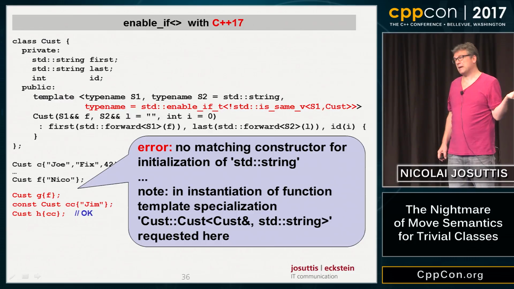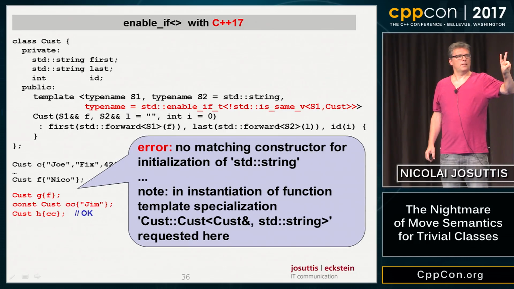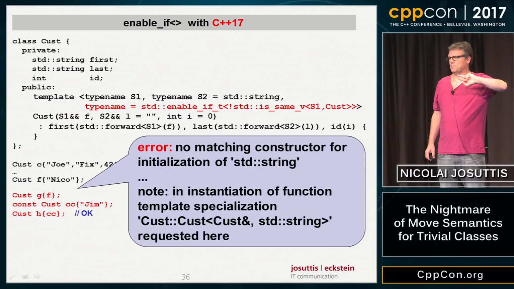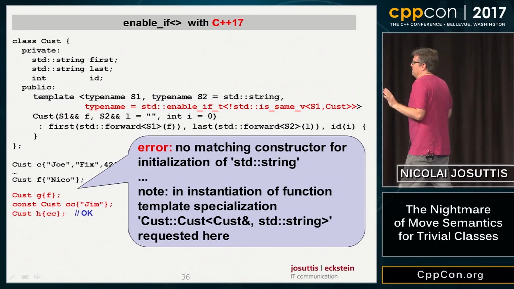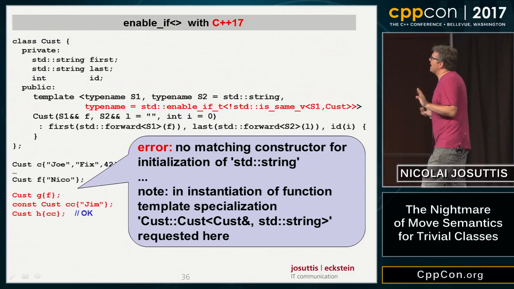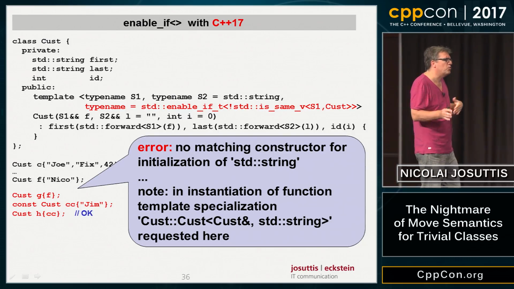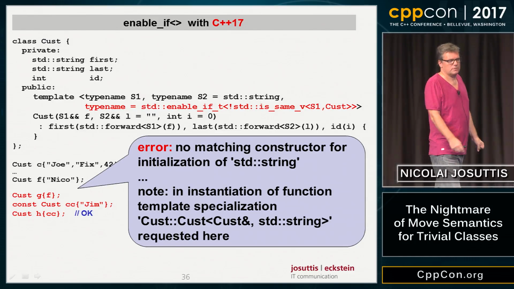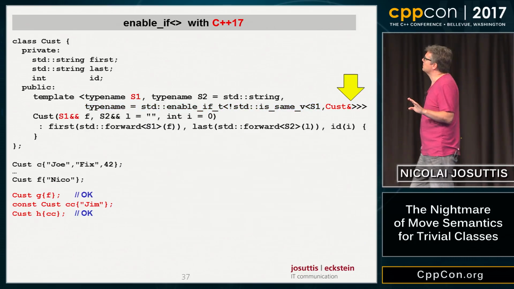Because if that would be the case, and we use our argument twice, with the first use we would use up the value. So we have special, very interesting rules in the standard saying that there are some special cases involved to more or less make forward do the right thing. So sometimes calling move and sometimes not.